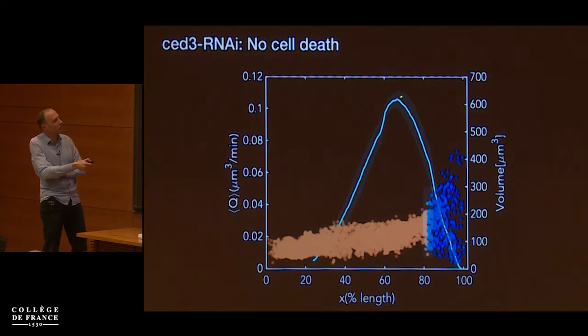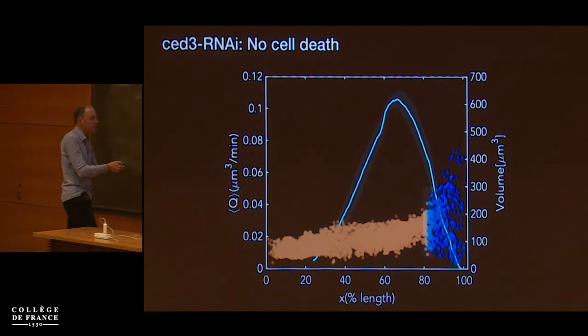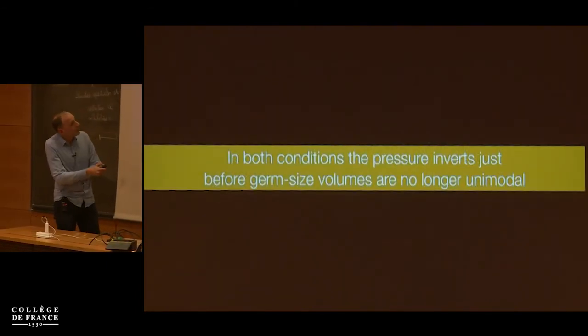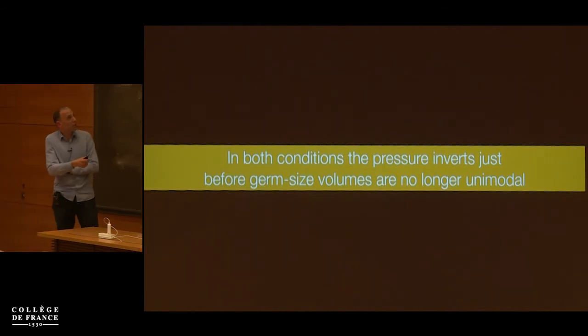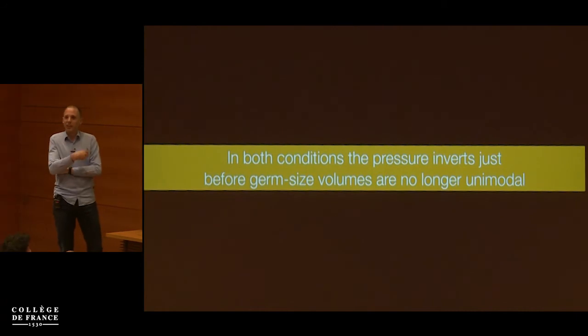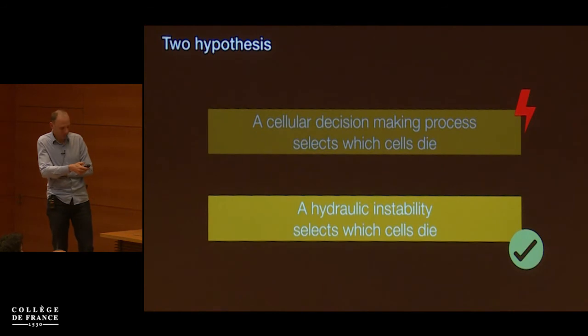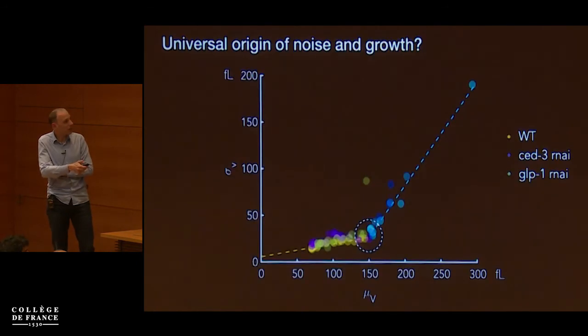So this is the point of pressure inversion, and just a bit behind we have the splitting up of the distributions. So in both conditions, pressure inverts just before the germ cell volumes are no longer unimodal. And this again lends credence to the idea that it's really a mechanical mechanism that's at the heart of cell death decision in the C. elegans gonad. So maybe it is a hydraulic instability.